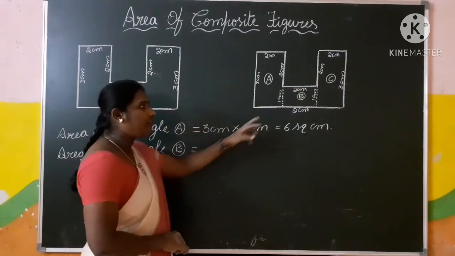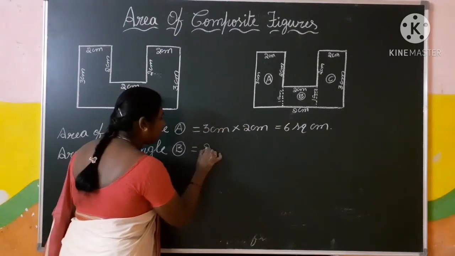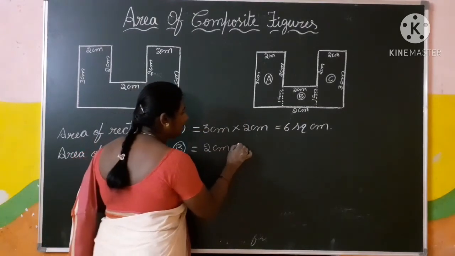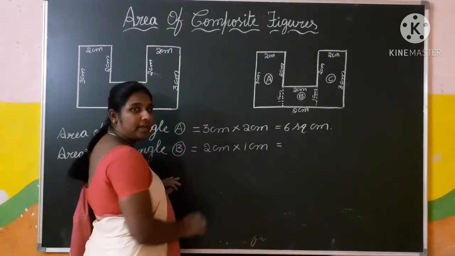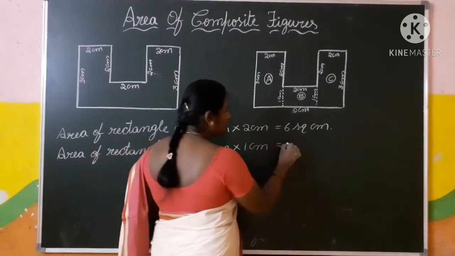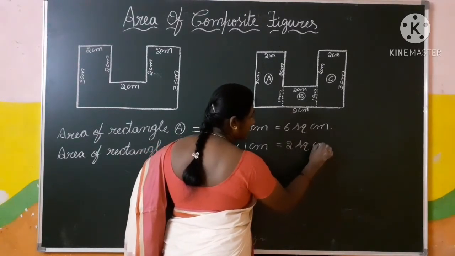So area of rectangle B is length into breadth. Length is 2 centimeters, breadth is 1 centimeter. 2 centimeters into 1 centimeter, 2 ones are 2 square centimeters.